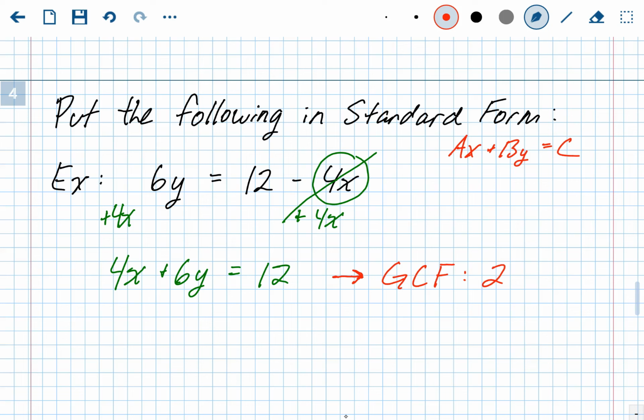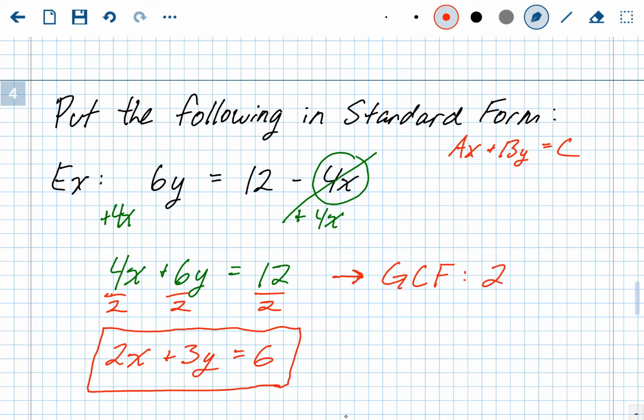We need to have a GCF of 1. So if you have a GCF of 2, you're going to have to divide each term by 2. And that leaves us with the standard form equation of 2x plus 3y equals 6. And that is in standard form.